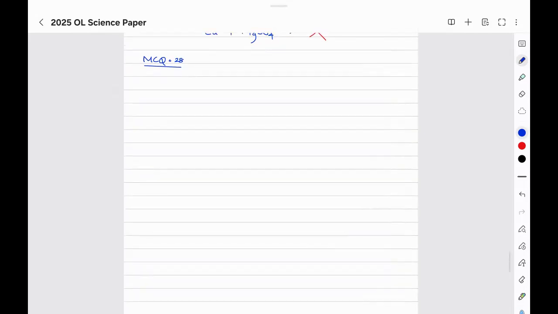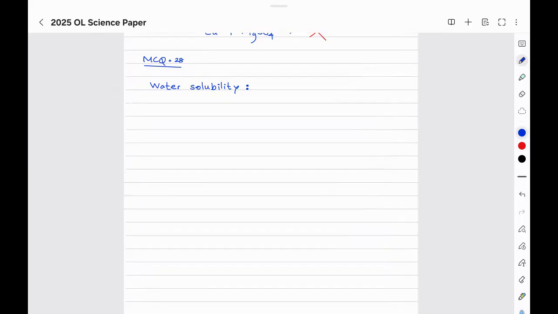This is about the water solubility of the gases. Water solubility. Indirectly, they are asking which gas is more soluble in water here.